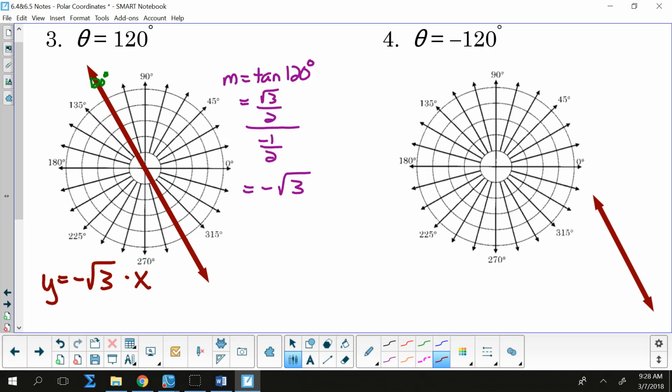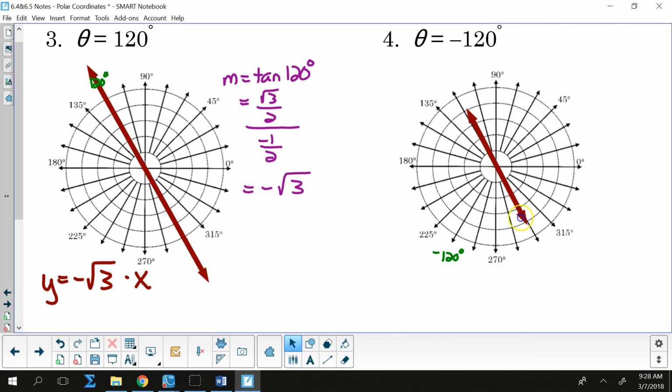Negative 120. So my angle for negative 120 is right there. So there's my line.